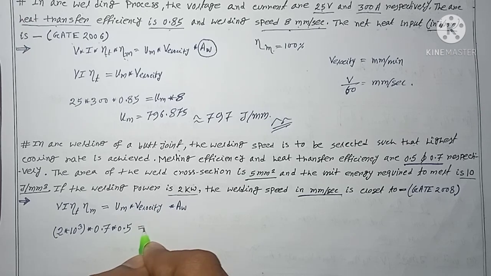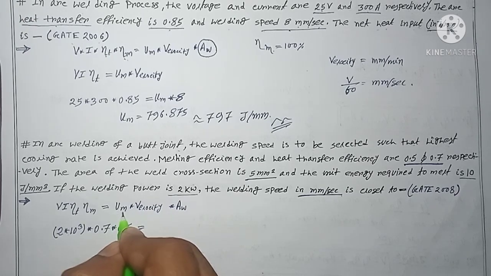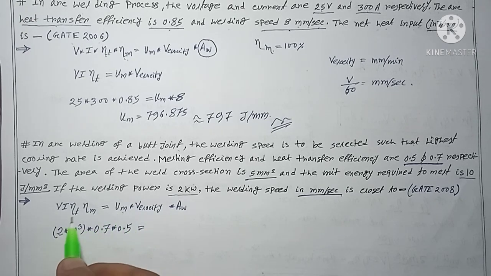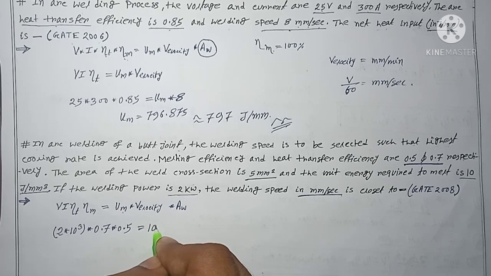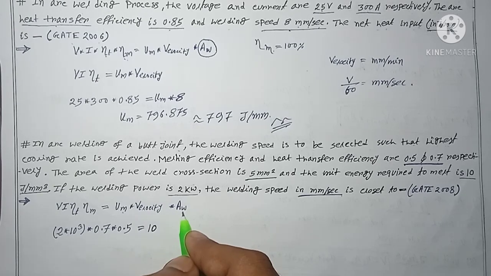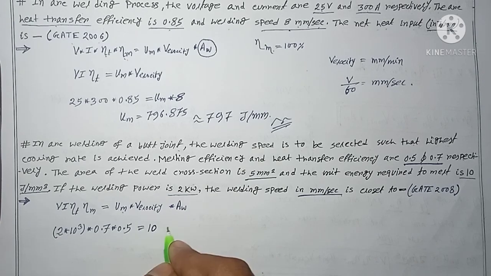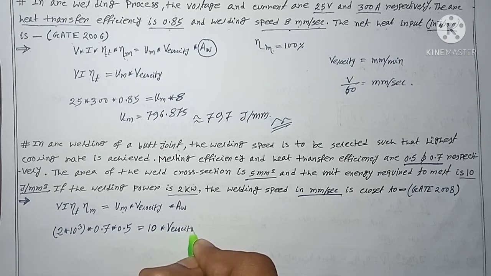Now the unit melting energy is joule per mm cube. So when the unit melting energy is joule per mm cube, the weld cross section area also has to be considered, so we put the value of the weld cross section area, 5 mm square. Next is the velocity, which we have to find out.